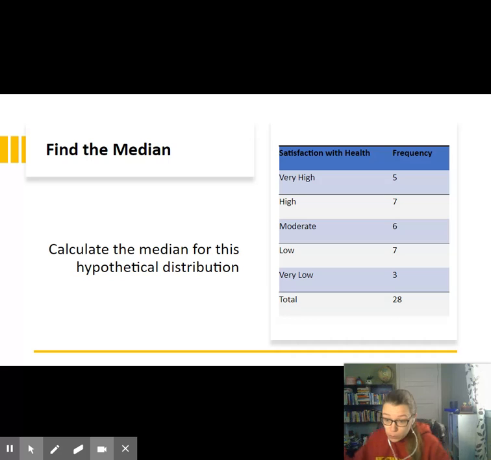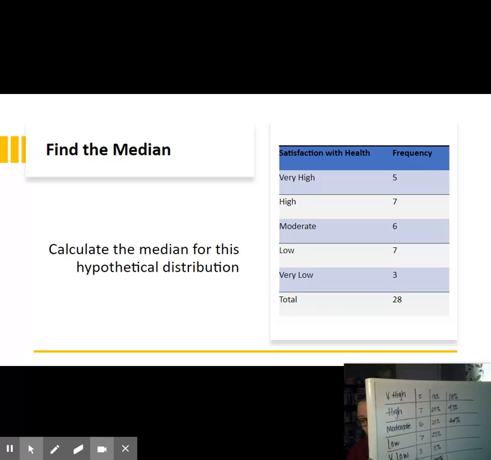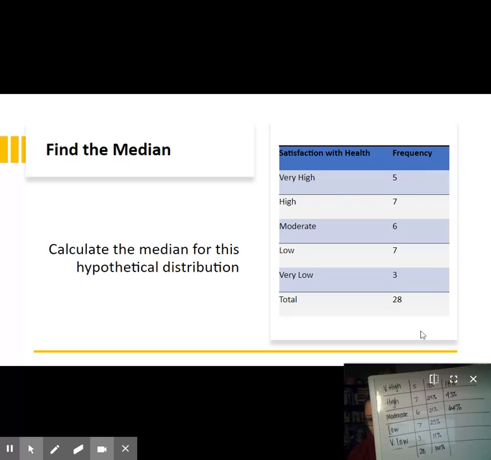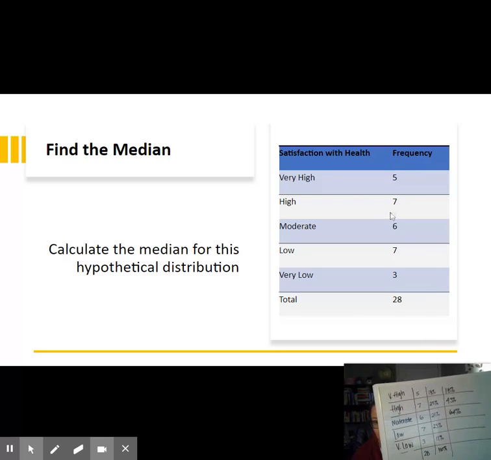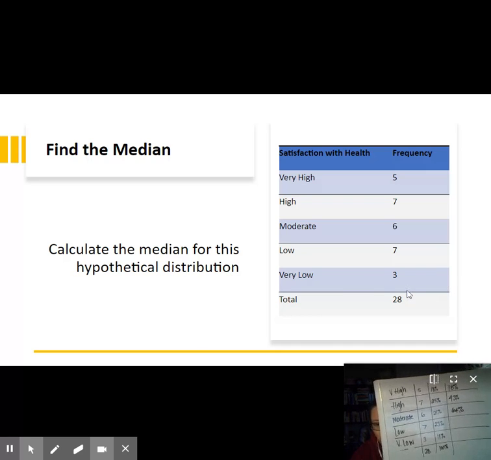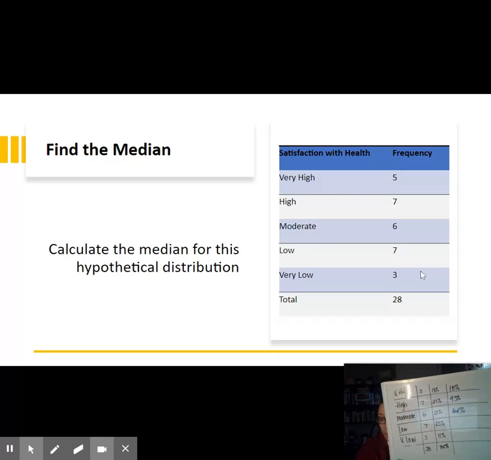First, I found the percentages for each. 5 divided by 28 gives me 18%. 7 divided by 28 times 100 gives me 25%. 6 divided by 28 times 100 gives me 21%, and so on. So I put all my percentages in this first category after just the frequencies, and then I start looking at the cumulative percent.